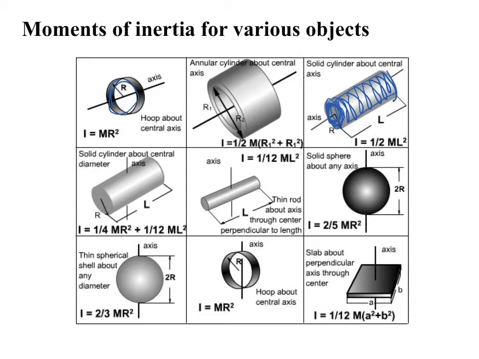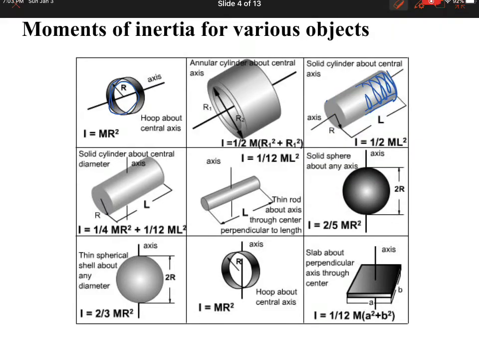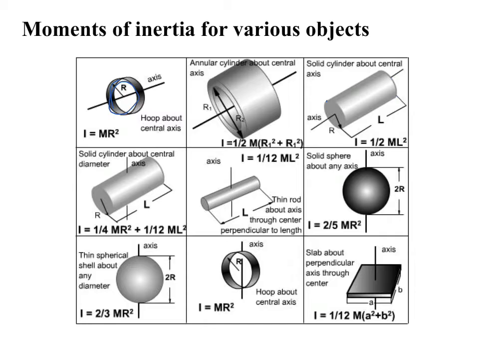A solid cylinder is going to be way different than a hoop, right? And so that's I equals 1/2 ml squared, where L is the length of the cylinder. So there's a bunch of different ones. Here are just a few examples, and of course it depends on what your rotational axis is.